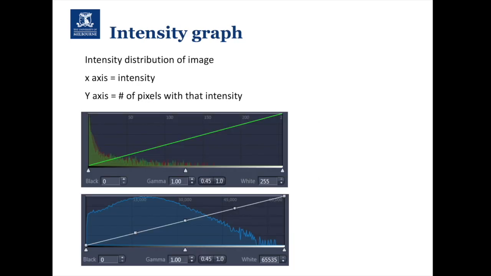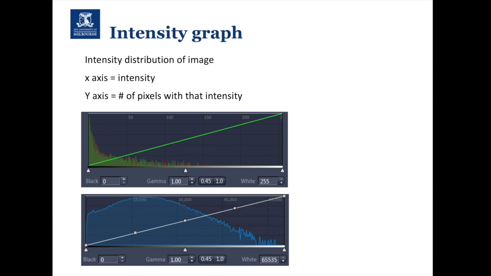Once we've acquired our data, we can look at it on something called an intensity graph. We've got two examples of an intensity graph here. On the x-axis, we're looking at the intensity. The intensity graph on the top is running from 0 to 255 grayscale values. That's an 8-bit image.